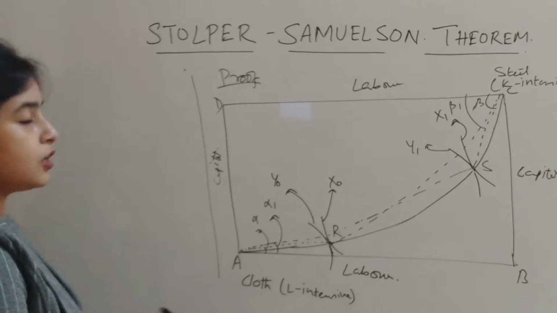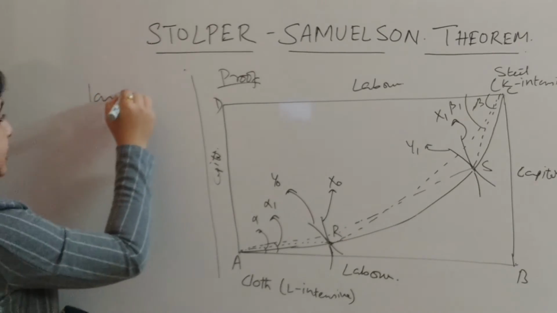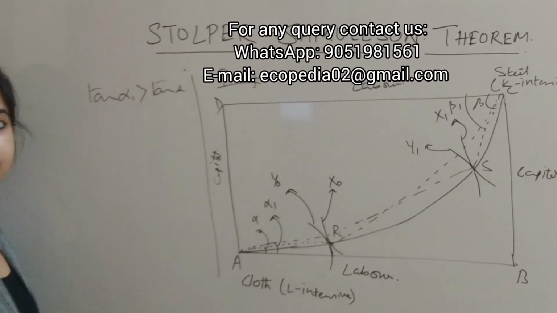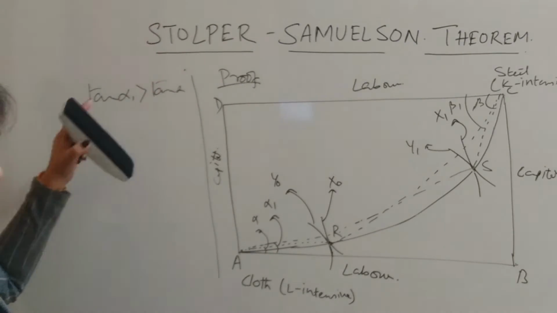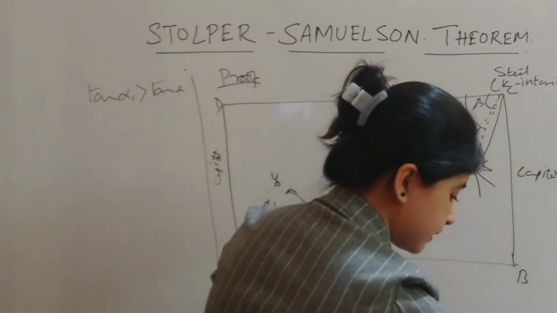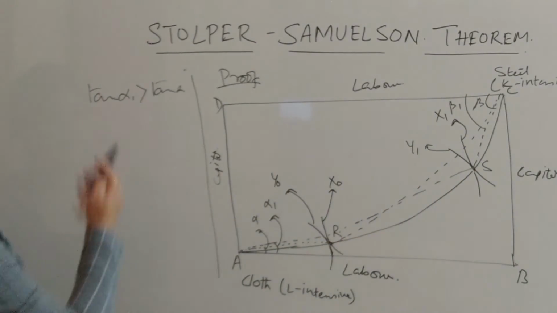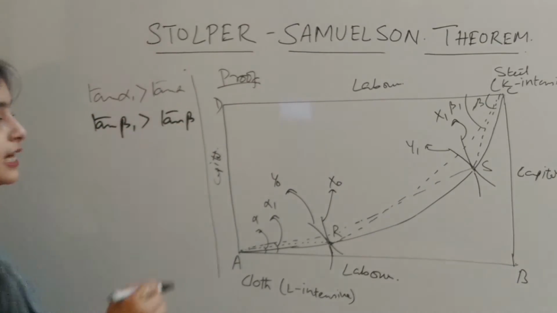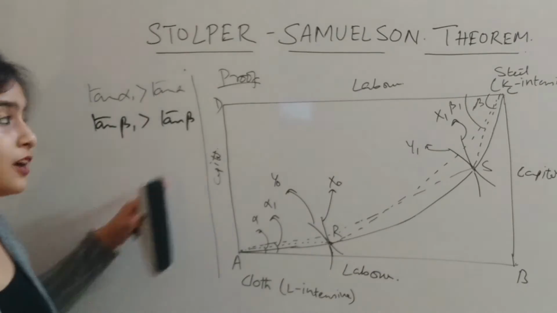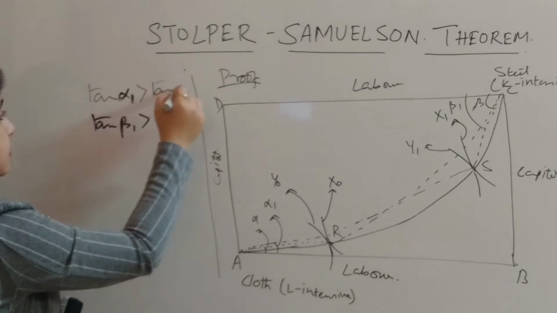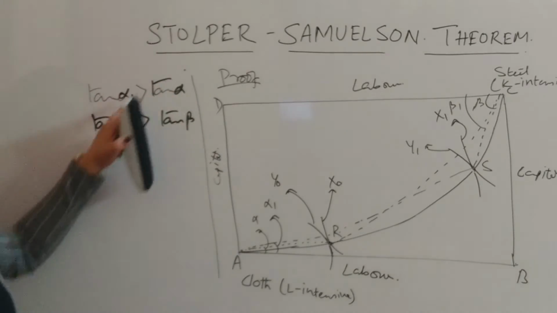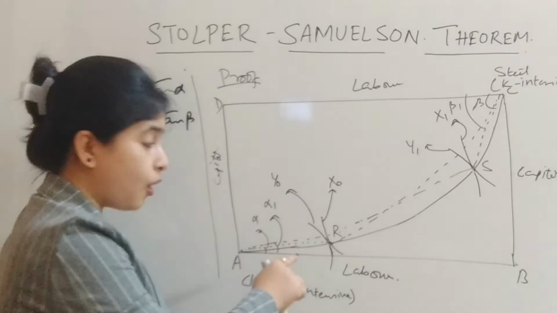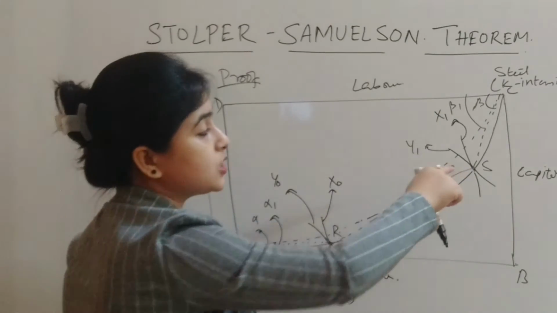Now we have found that tan alpha 1 is greater than tan alpha. In the same way, we have also found that tan beta 1 is greater than tan beta. This is alpha 1 and this is alpha.